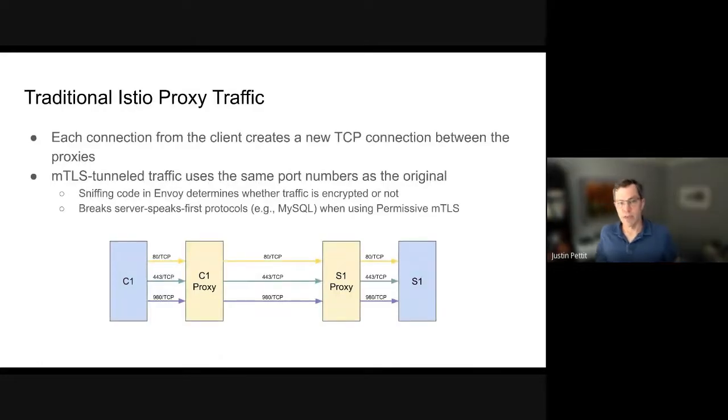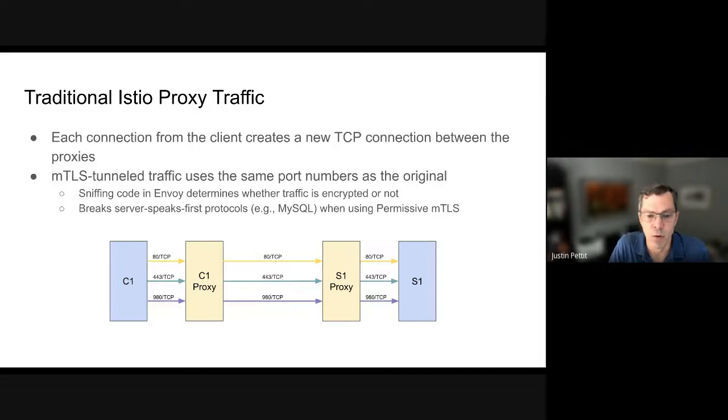So I mentioned that we're using HBone. That's an important part of Ambient Mesh, but that work has actually already been upstreamed into Istio to introduce HBone. The way that we were handling MTLS had a number of issues in the previous ways that Istio handled it.